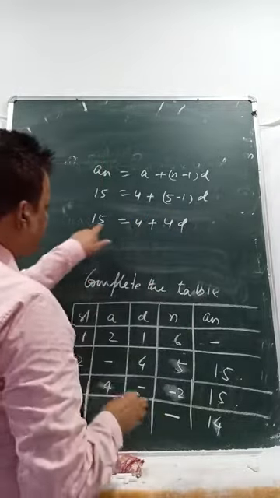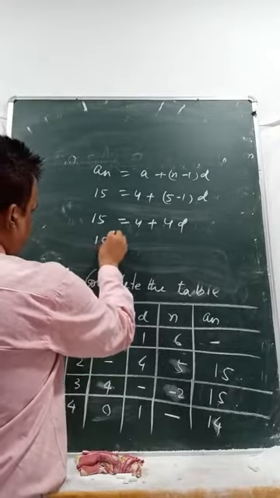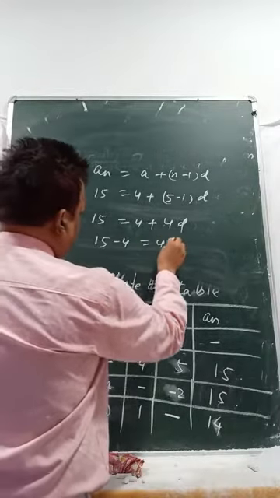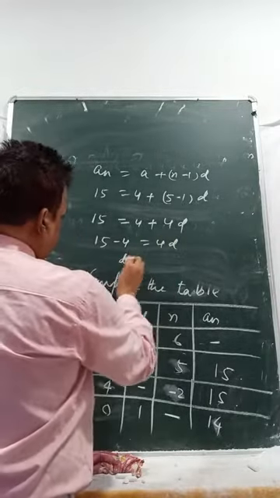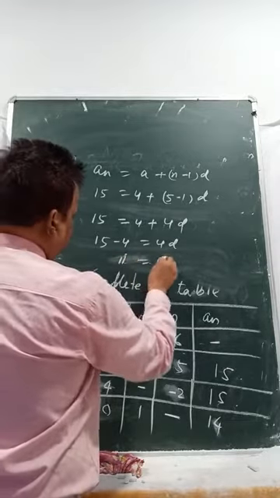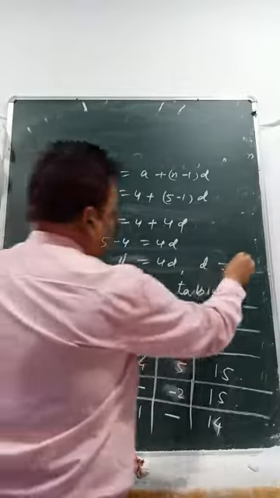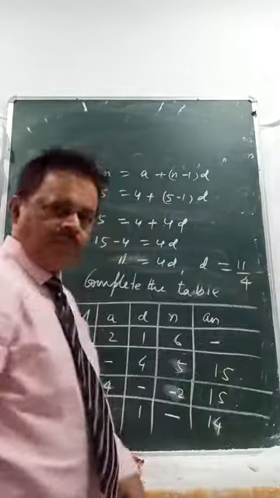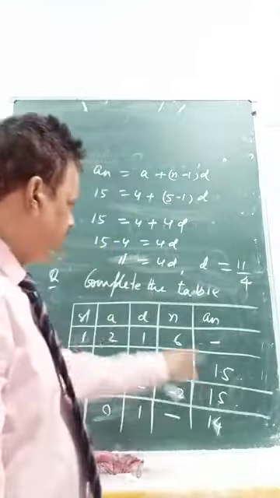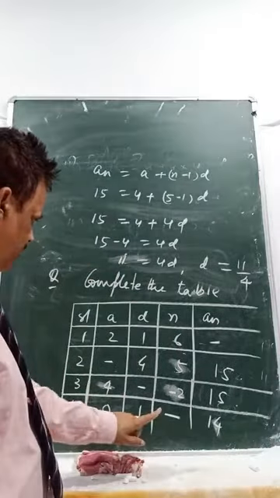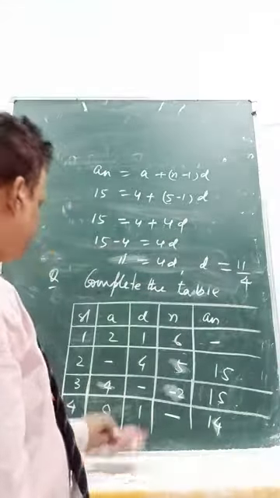First you bring this 4 to this side: 15 minus 4 equals 4D. So 11 equals 4D, D equals 11 by 4. Clear? Okay. See the next one, how to find A from here.